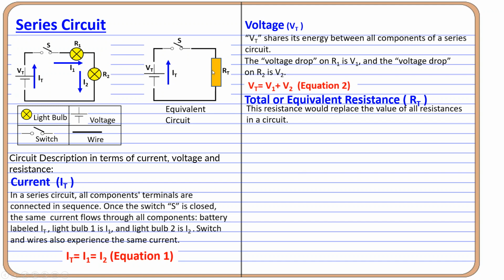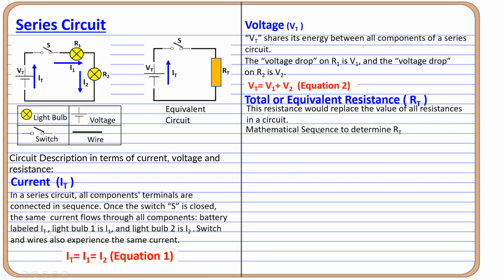So now we have just one resistance, or equivalent resistance, that in value replaces the partial resistances of a schematic circuit. So for a complete equivalent circuit, we have our VT, we have our IT, which is the same, and our RT.